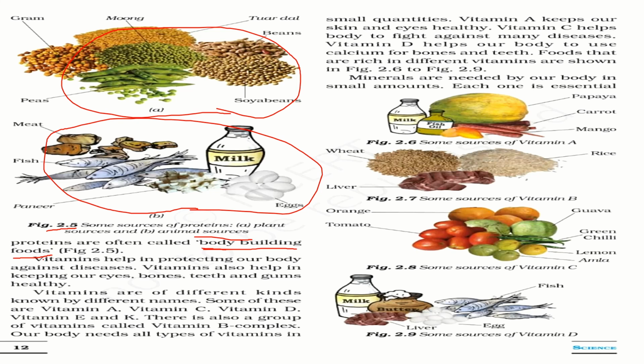Okay, next, vitamins help in protecting our body against disease. Vitamin D, vitamin A, vitamin B. There are different types of vitamins that help our body against disease. Okay, next, vitamins help in keeping our eyes, bones, teeth and gums healthy.